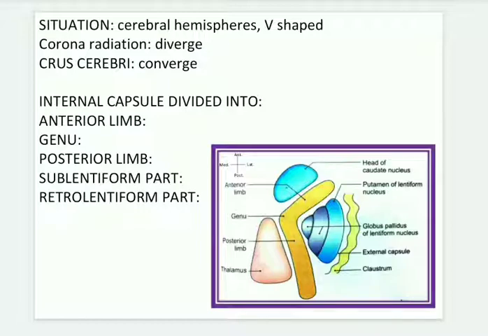The posterior limb lies between the thalamus and lentiform nucleus. The sublentiform part lies below the lentiform nucleus, and the retrolentiform lies behind the lentiform nucleus. Retrolentiform, the name itself tells that it lies behind the lentiform nucleus.